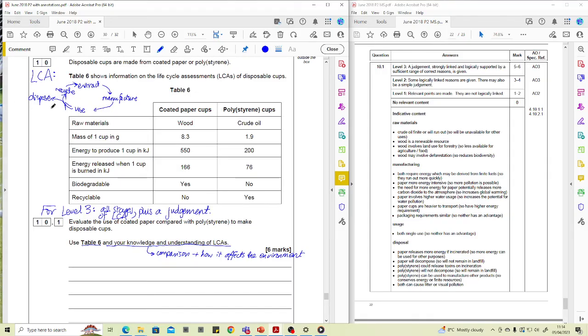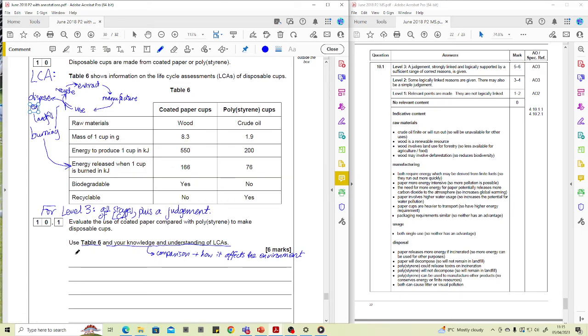That's fair, but also we've got disposal, which could include landfill instead of reuse. So landfill or burning. So burning is going to be pretty important here, because the reason why I put it here is that it does mention burning here. So let's just include that in our disposal routes.